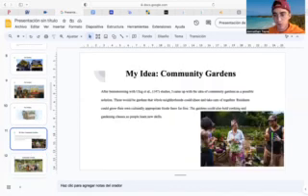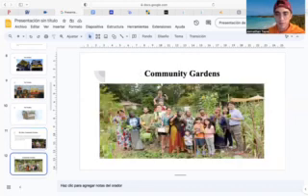As we can see in these pictures, people are gathering and trying to cultivate the crops, and there's a lot of diversity of people. It's most likely a community garden that they did, and there are some results there.